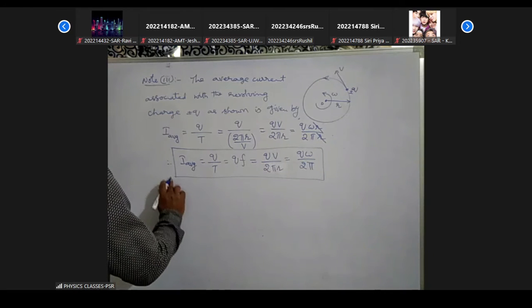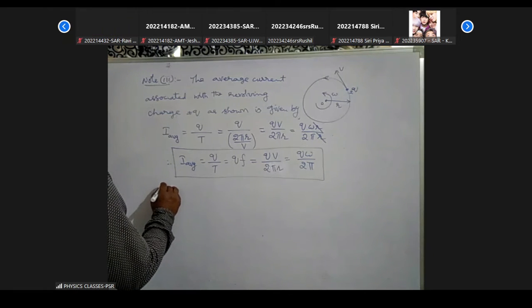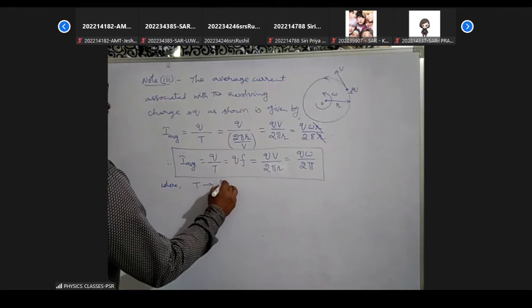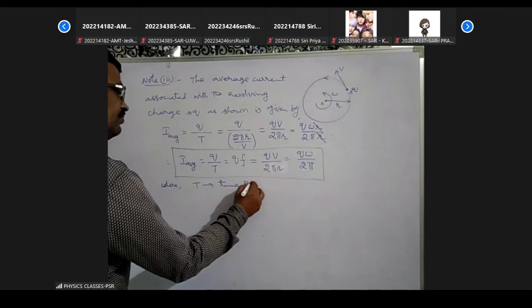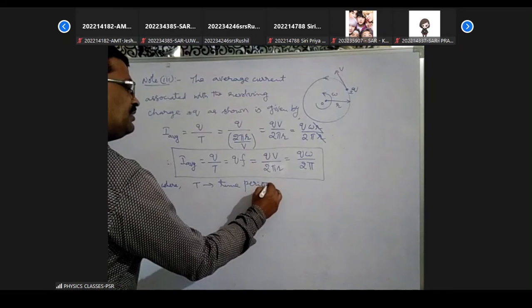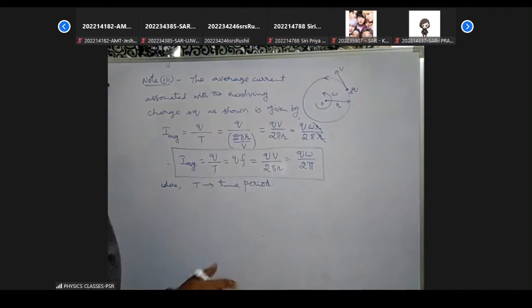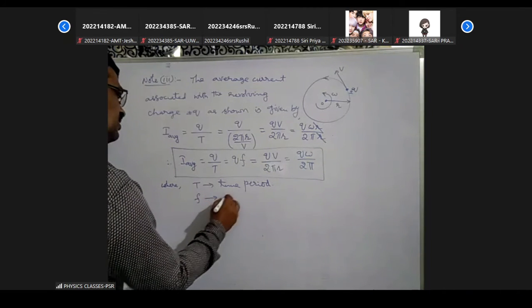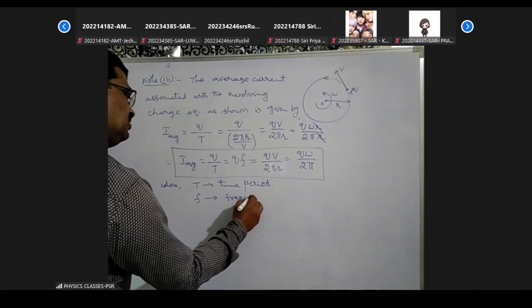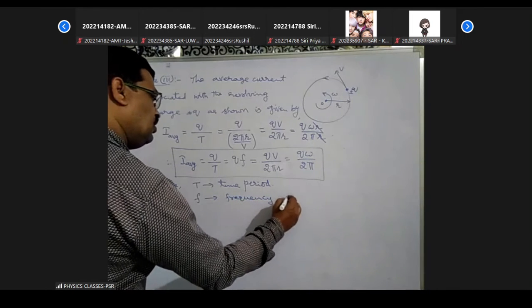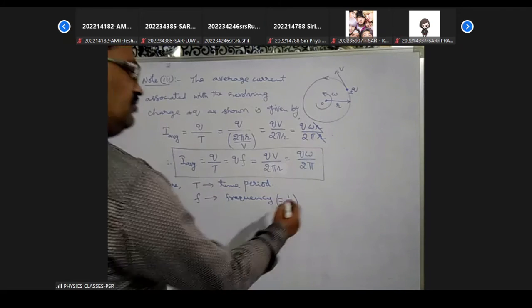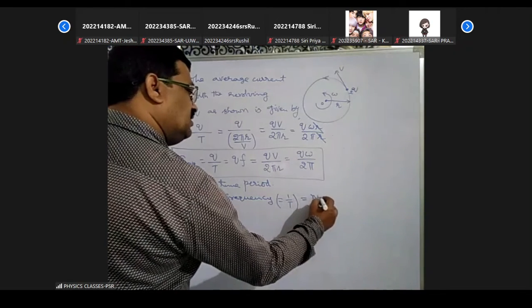What is capital T? 2 pi r by V. Capital T is the time period. Time taken to complete one rotation is known as time period. What is F? Frequency, which is equal to 1 by T, the reciprocal of time period, the number of rotations per second.